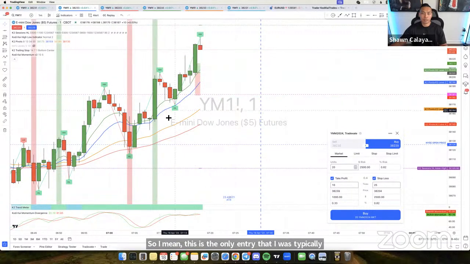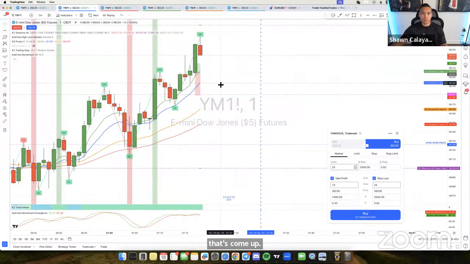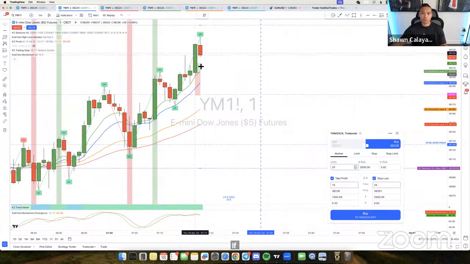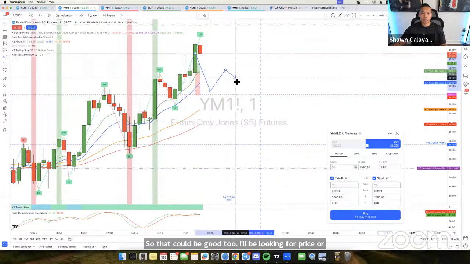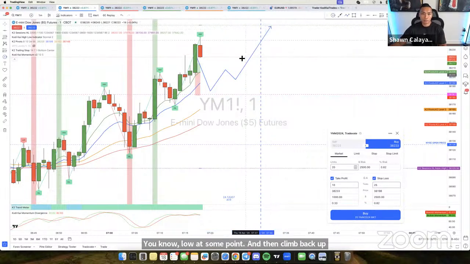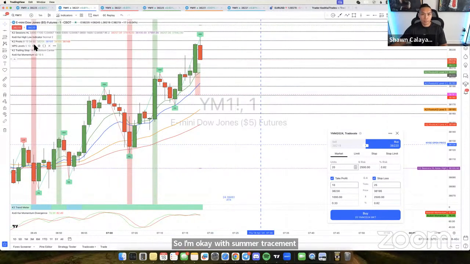Everything's been around red flags. This is the only one that's actually come up to where I needed to go. If price retraces down from this point, this could start setting up for a CB entry, so that could be good too. I'll be looking for price to retrace down, provide a low at some point, and then climb back up because the target price point is still going to be the sessions up here. So I'm okay with some retracement and then possible correction back up.